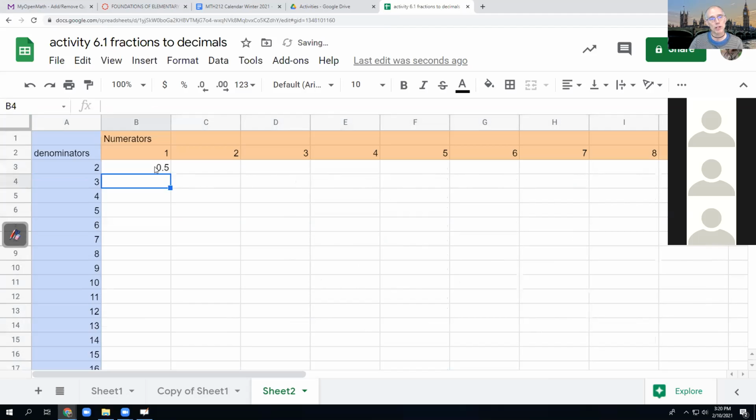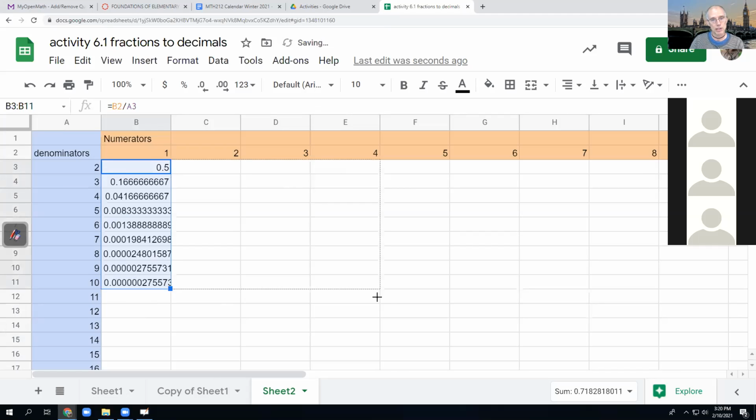Here I want a formula that repeats in 2 different directions, which means I need $ in 2 spots. If you put too many $, it doesn't work. So I have to put just enough. So my first one is say, hey, grab the numerator above, divide by the denominators to the left. And then I realize that if I just tried to fill this as it is, crazy stuff's gonna happen.